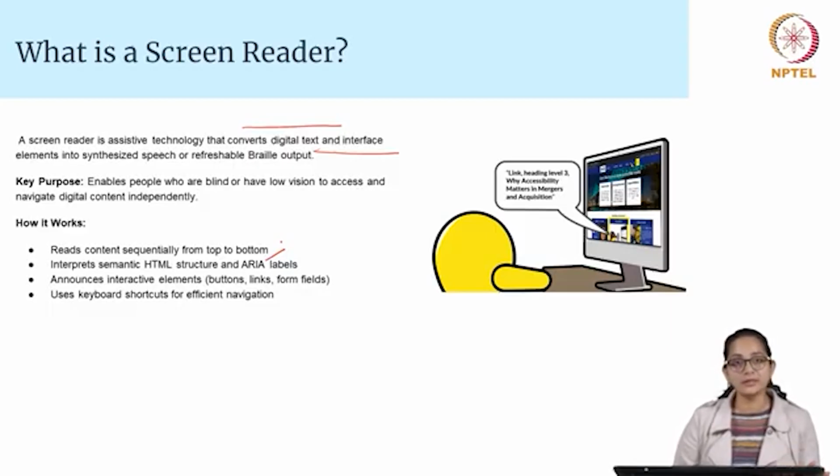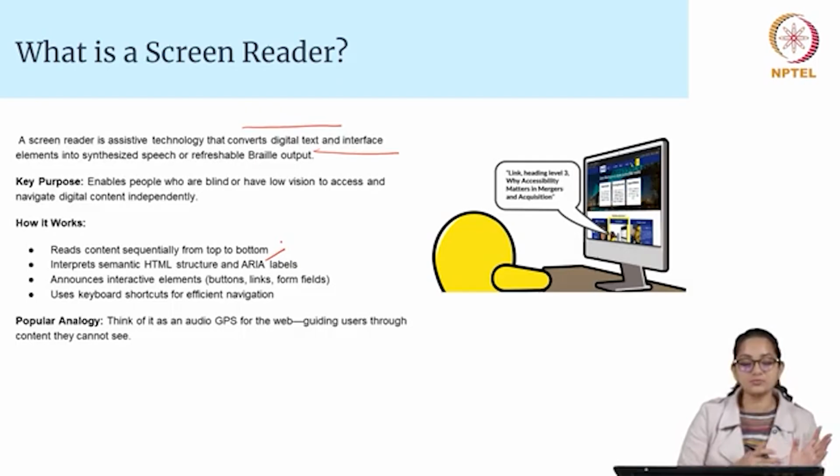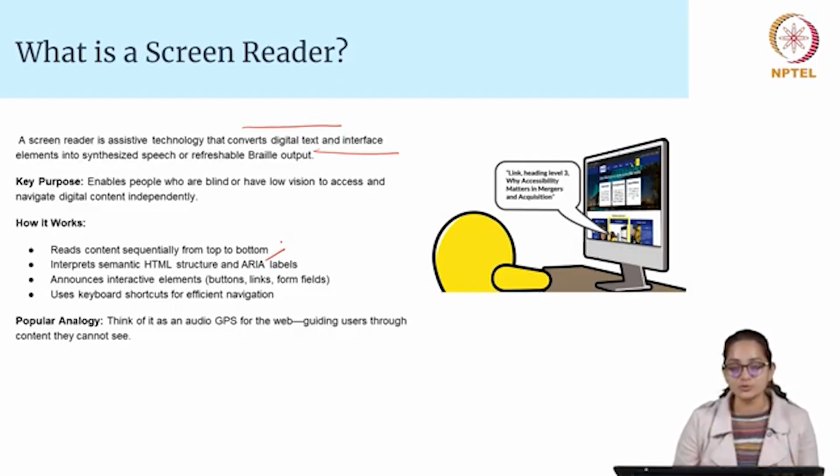Most commonly, the Tab key is used for going to the next label. There's a popular analogy for screen readers: think of it as an audio GPS for the web, which guides users through content as they are unable to see it.